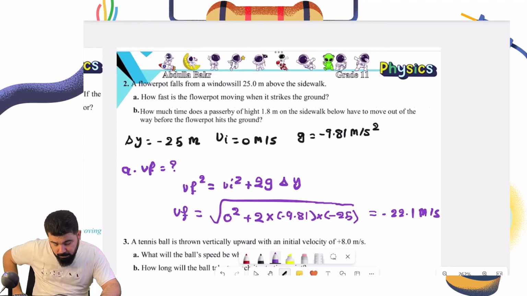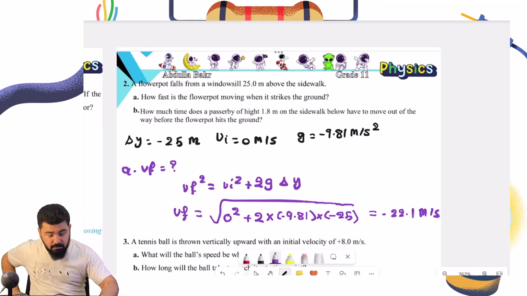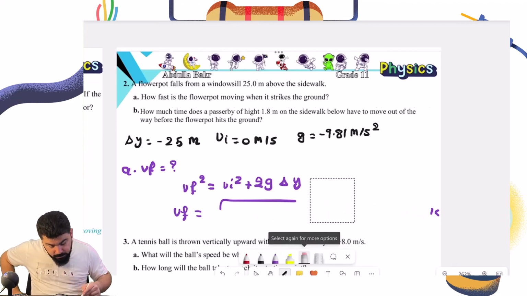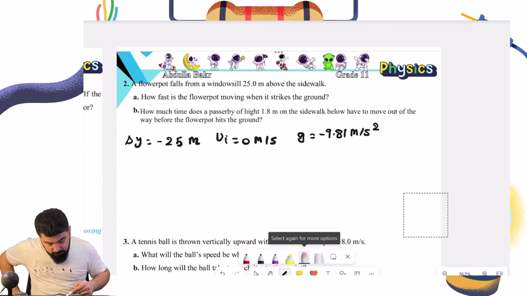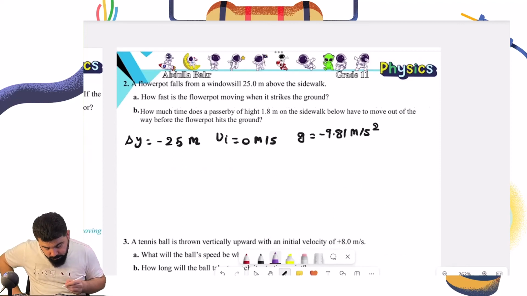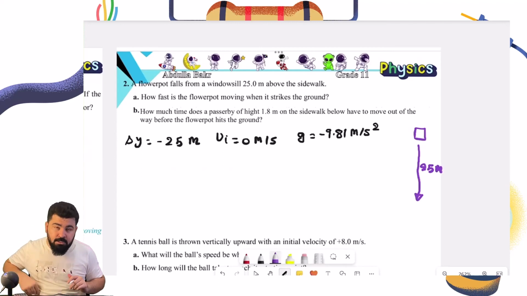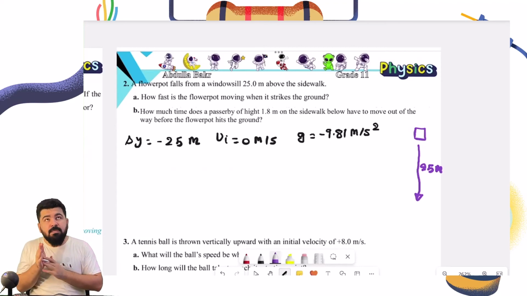Question B, it says how much time does a passerby of height 1.8 meters on the sidewalk below have to move out before the flower pot hits the ground? Now let me show you something before we solve question B. If this is the flower pot, and it starts 25 meters up, what if somebody stands there?